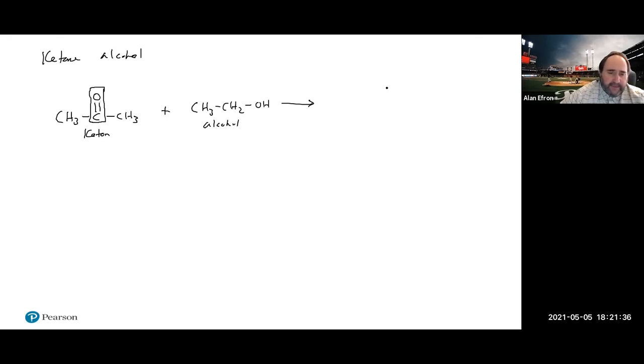And what's going to happen is that guy is going to break and make a single bond, just like the aldehyde did, just like a lot of things do. And that is going to allow for our addition of our alcohol. The alcohol will come on just like it did on the other guy. This part with the oxygen, you could think of that part as the negative part. And the hydrogen is the other thing that will be added on.